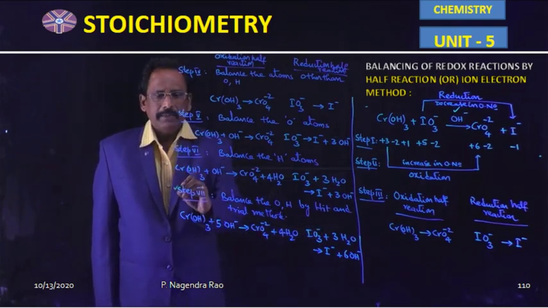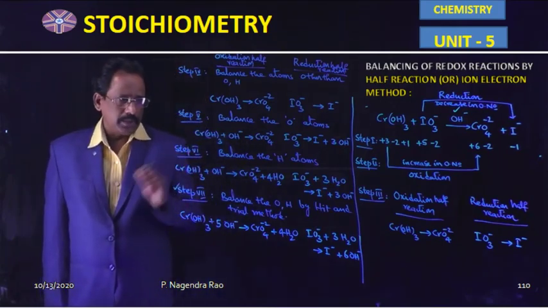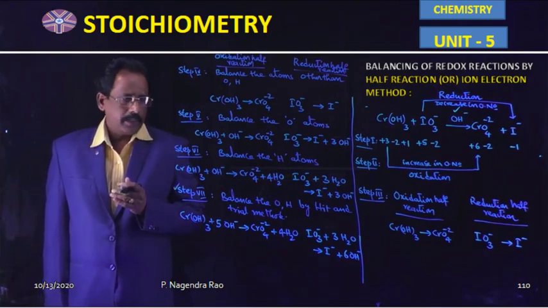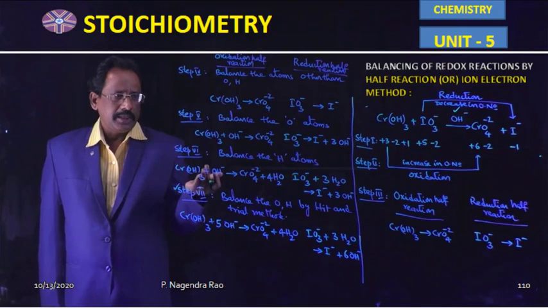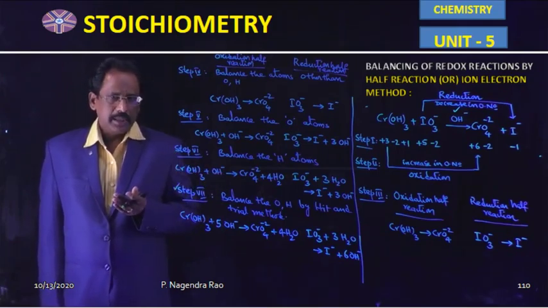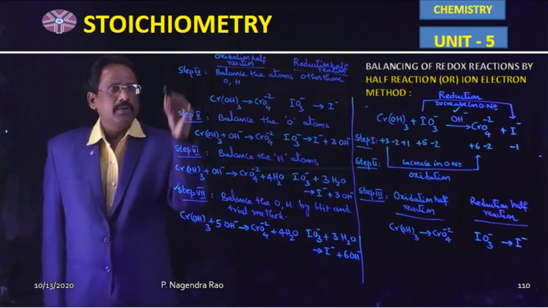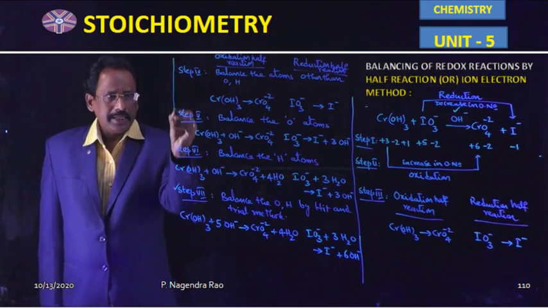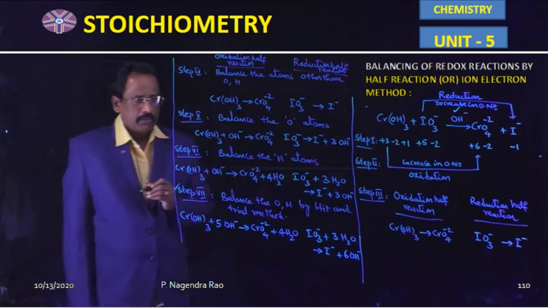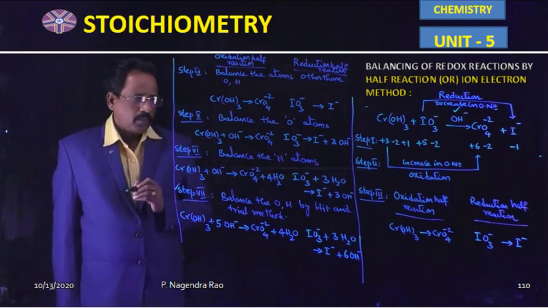So this is the very important step here. After the addition of water molecules to balance the hydrogen atoms, both oxygen number and hydrogen number vary. After that, balance the oxygen, hydrogen by hit and trial method. Generally multiply with a suitable number with the OH⁻.